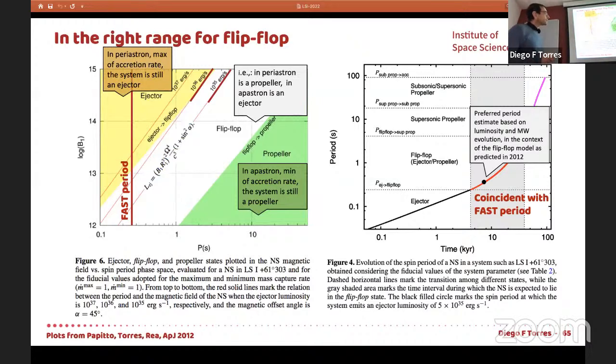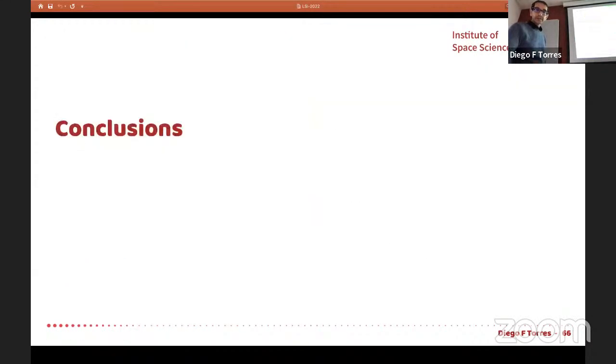However, this point, which we said was the best out of the multi-frequency explanation, is exactly at the period where we detected the pulsations. So there is some hope that maybe the flip-flop is clearly there, and this is personally what I believe is the most reasonable explanation right now.